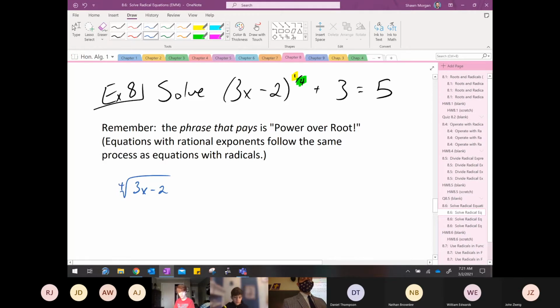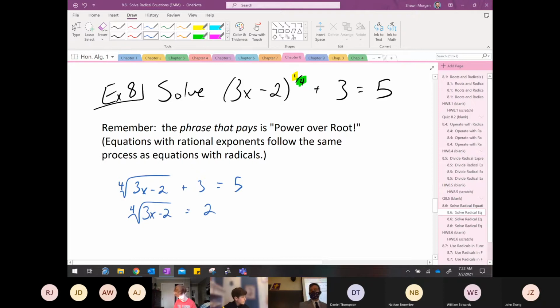Now let's see if we can work this one out following our 4 steps from yesterday. The first thing, Drew Benton, I want to do is what? Nice, easy first step. Very good. We're going to subtract 3 from both sides.